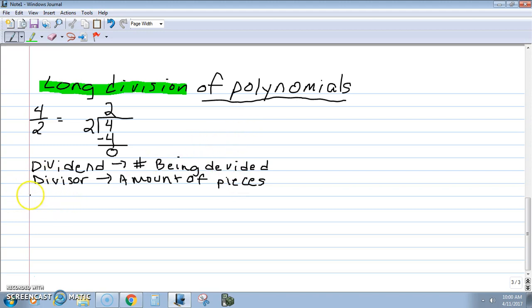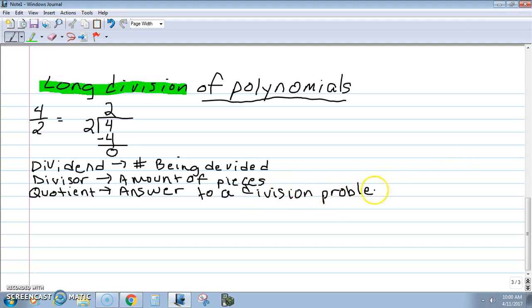Do you remember what our answer is? It's the quotient. Okay? That's the answer to a division problem. Good, so we have all of our pieces, all of our academic language.